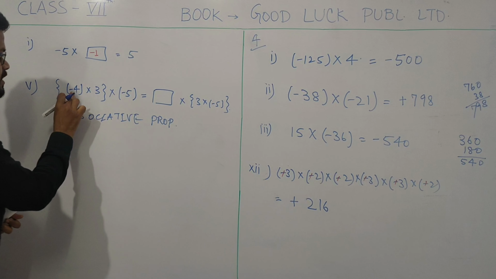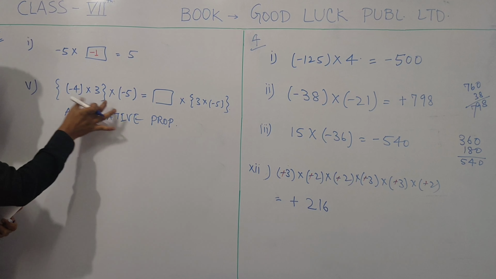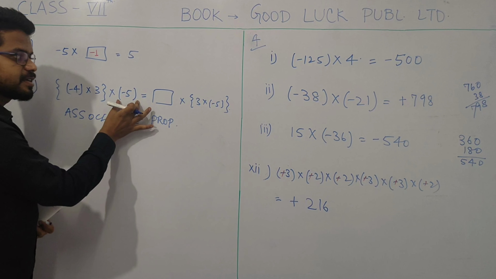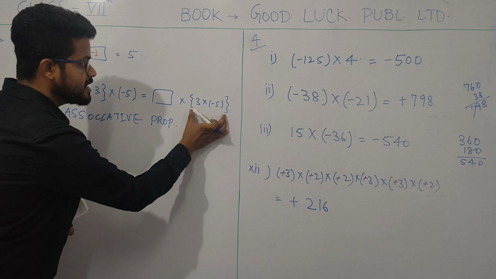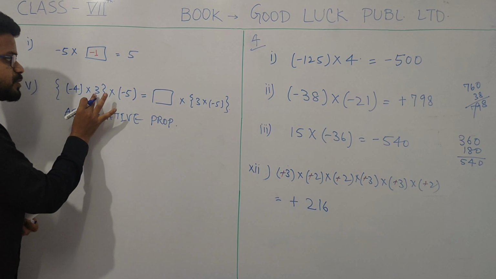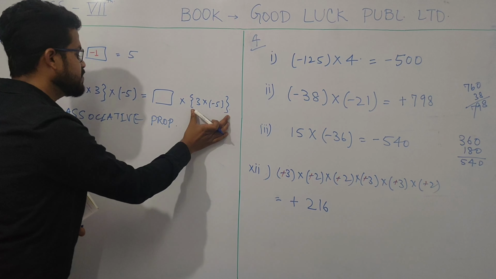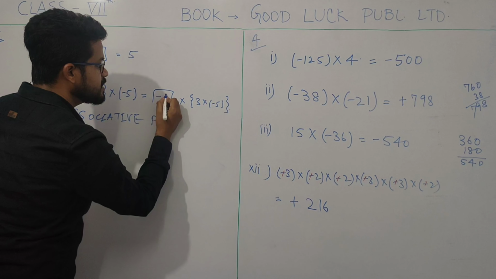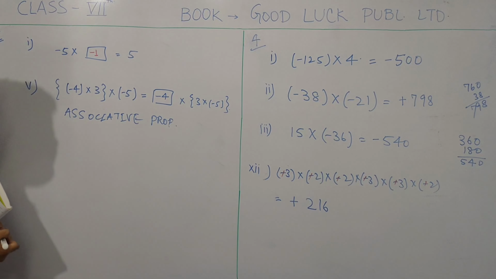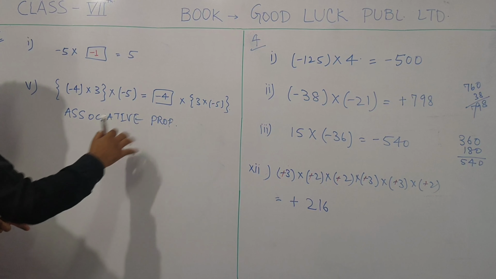Look here, this is minus 4 into 3, this is the group and this is the number. Now the grouping is changed into 3 into minus 5, and the remaining number is minus 4. So I simply put here minus 4. This is the associative property.